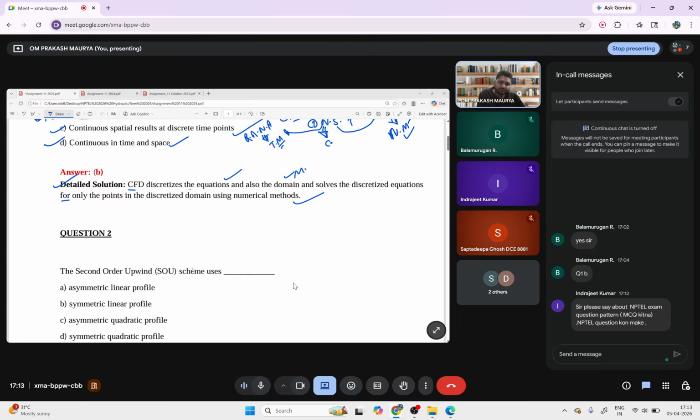I am not a TA of this course. I am discussing the previous year questions, so I don't have the exact idea. But I have an idea about fluid mechanics because my professor in the next semester is going to run the fluid mechanics NPTEL. In fluid mechanics, my professor said the questions are 1 mark, 2 marks, 3 marks and 4 marks.